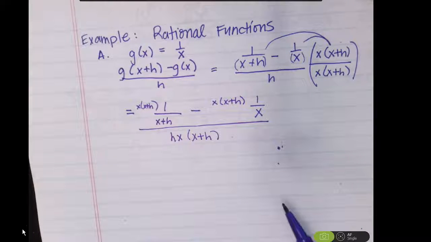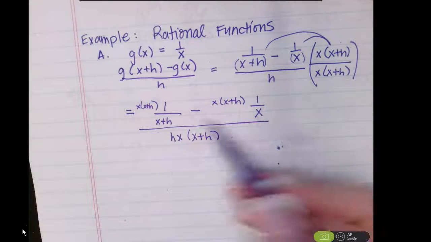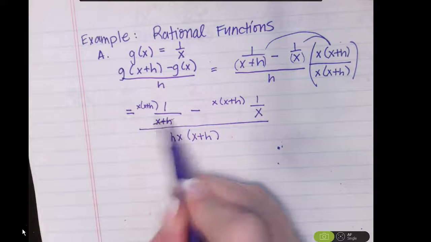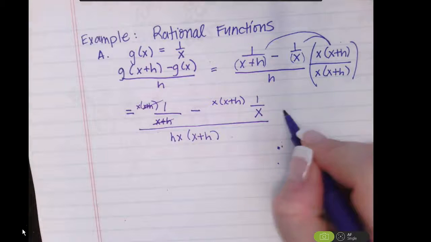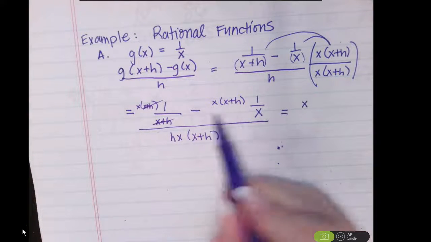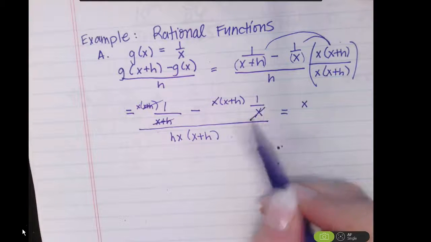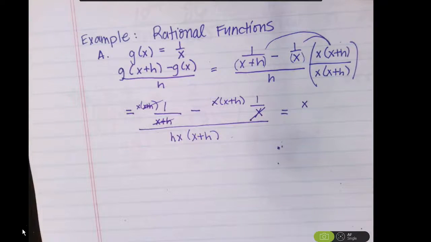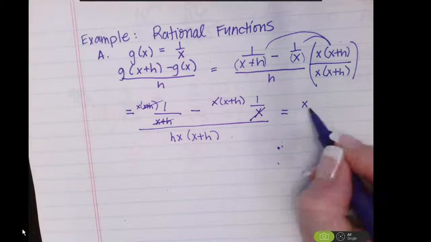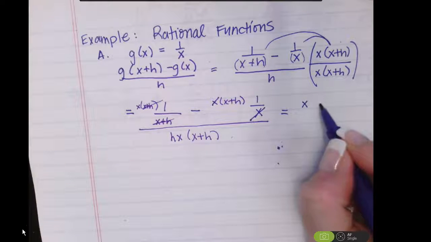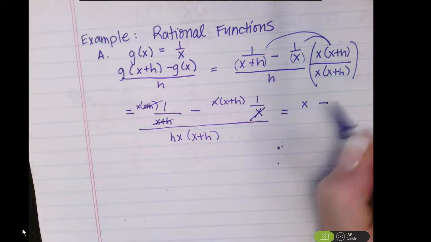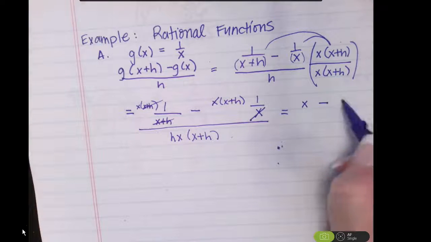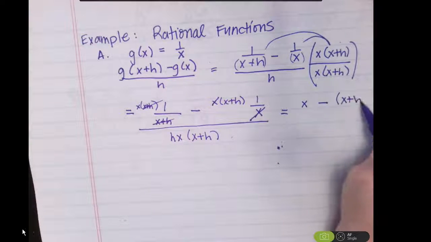So then I'm going to do my canceling. So here the x plus h cancels, so I just end up with x, and here the x's cancel. So see how my denominators go away once I find a common denominator? Minus, so x plus h times 1 is x plus h.